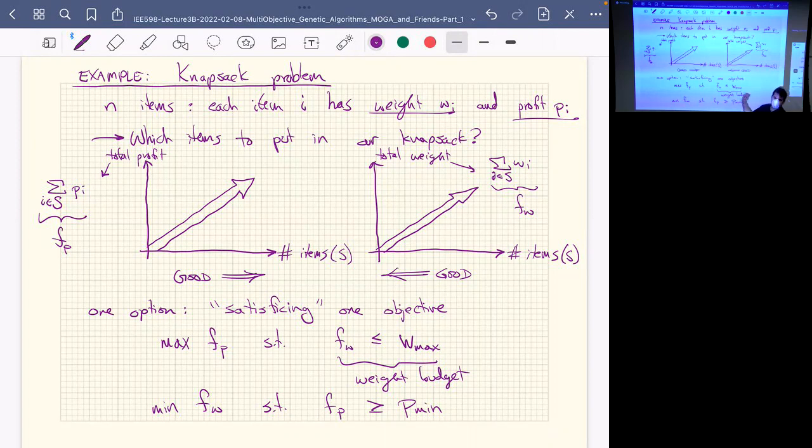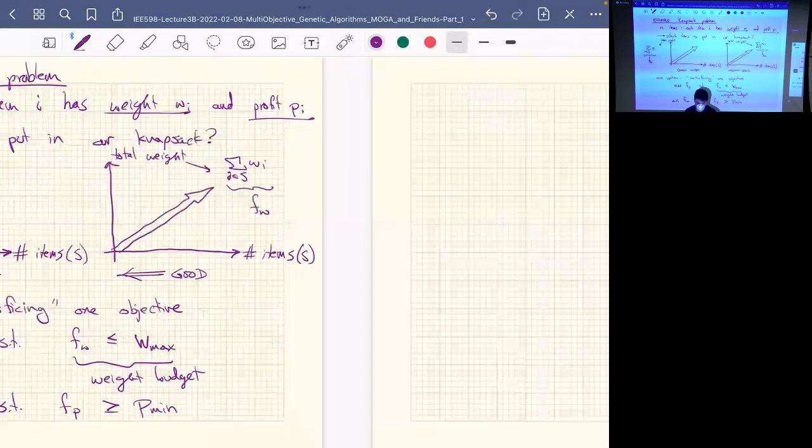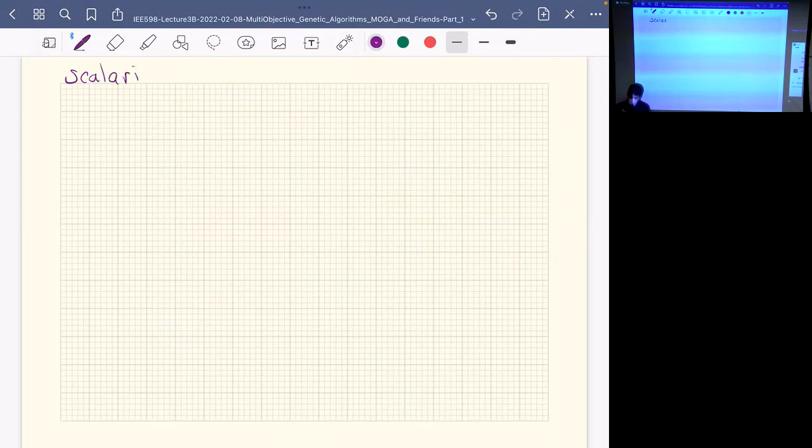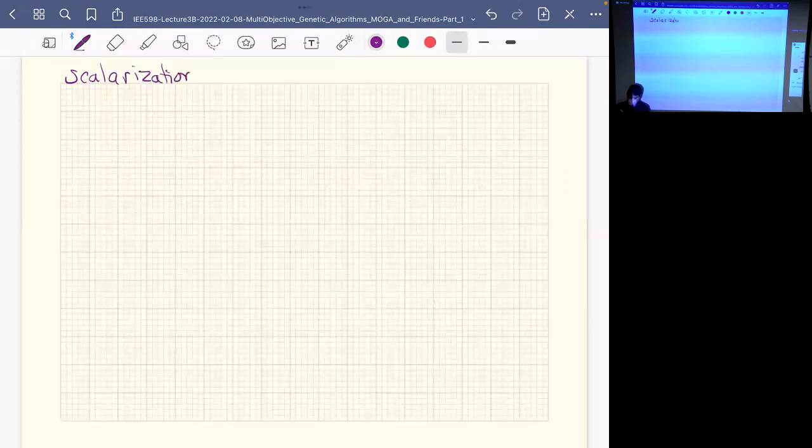Is there another objective that might easily blend these two objectives together? Maybe, for example, we could do what I refer to as scalarization of objectives. It's not my term, but it's more of a conventional term than a standard term.